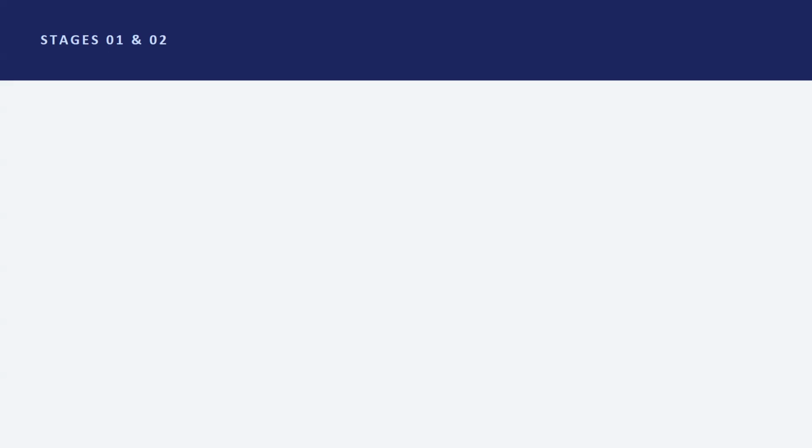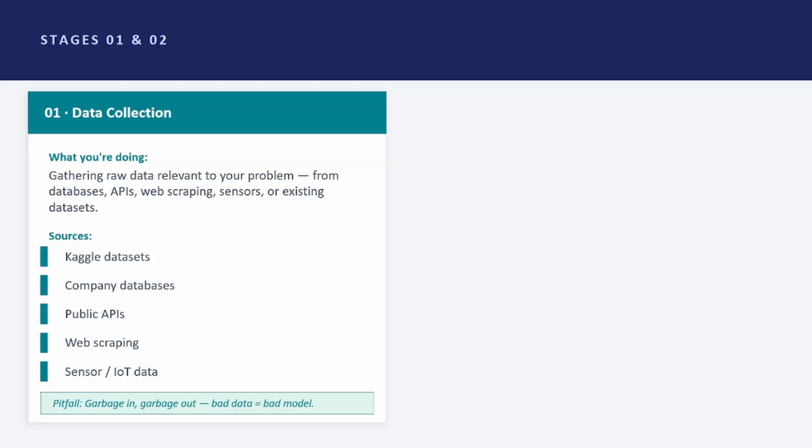Initially, we will look at stages 1 and 2. Stage 1 is data collection. This is where everything starts. You are gathering raw data relevant to the problem you are trying to solve. That might be downloading a public dataset from Google, querying your company's database, pulling from an API, scraping a website, or collecting sensor data from hardware.